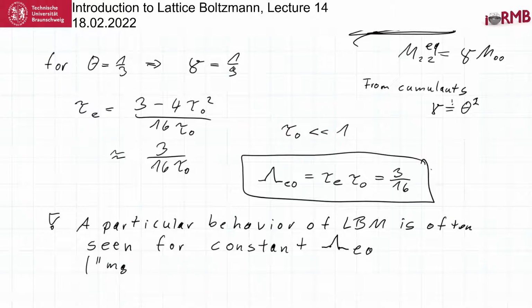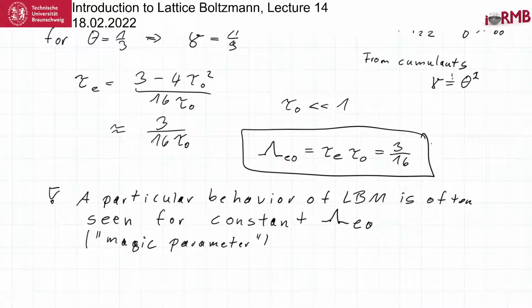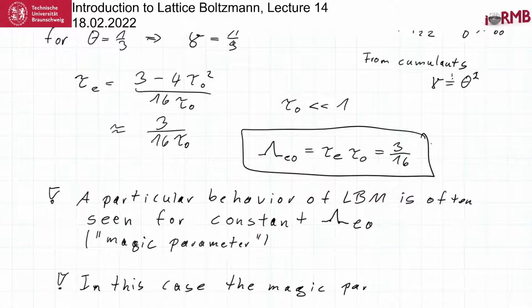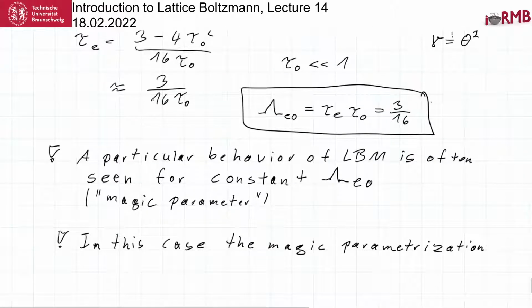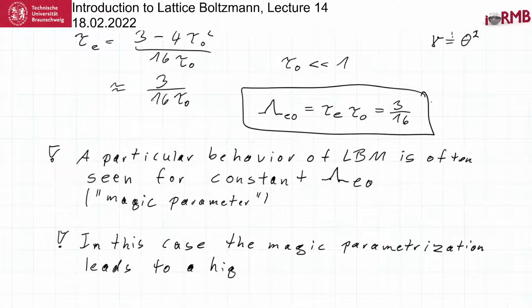The magic thing here is that this magic parametrization leads to a higher asymptotic order.